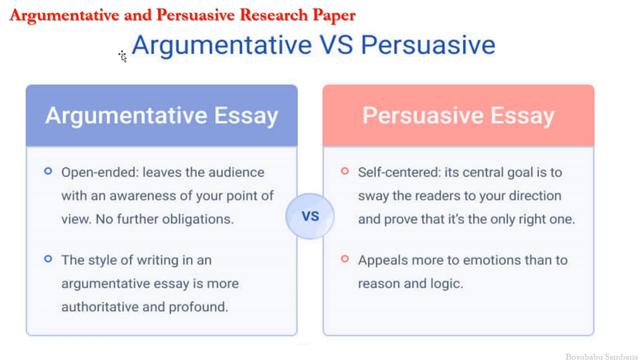It appeals more to emotions than to reason or logic. Generally, argumentative research papers, as the name suggests, involve arguments about the research topic from two or more viewpoints. Two or more viewpoints are emotions.